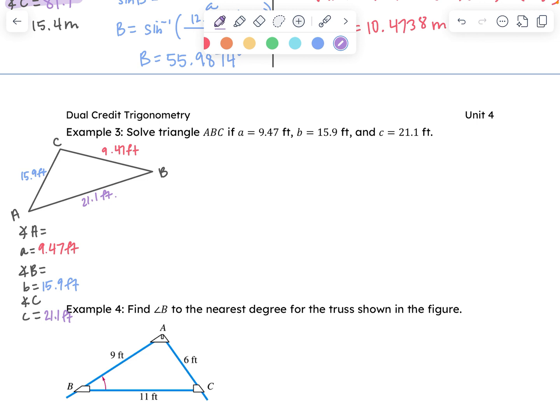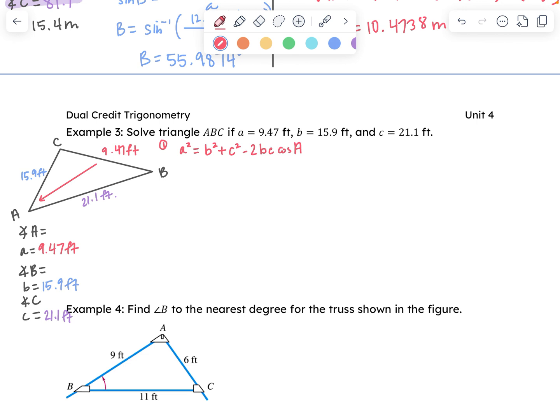So let's use our law of cosines to help us find one of those angles, which means we are going to have to do a little bit more work here to work backwards and find one of those angles. So let's start with angle A because it's across from the smallest side over here. So I'm going to do A squared is equal to B squared plus C squared minus 2BC cosine of A. I'm going to plug in what I know.